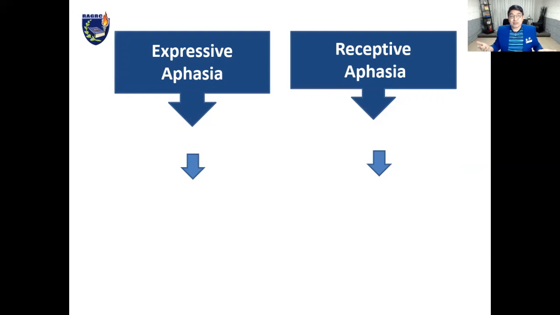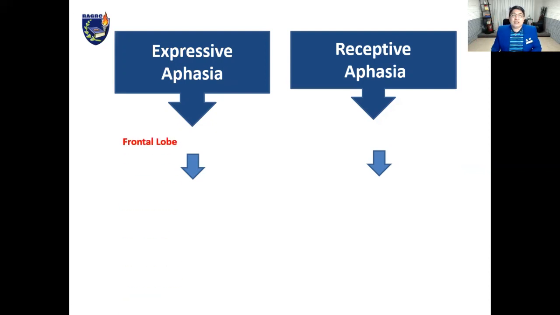So what potentially results, you have expressive aphasia, or this refers to the inability to find the right words to say or to write. So when you say expressive aphasia, it's inability to write or say the appropriate words. And receptive aphasia could be inability to process or to understand words, okay?